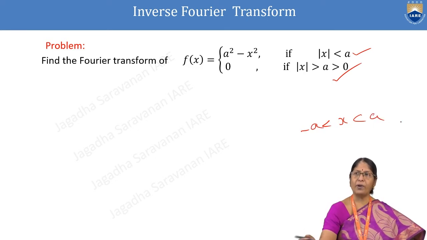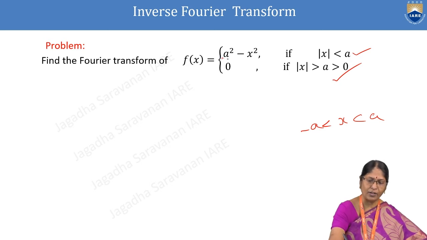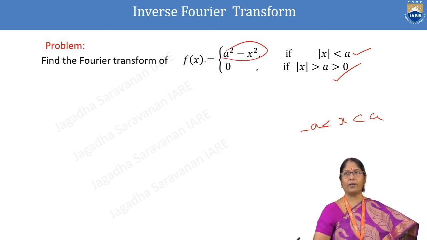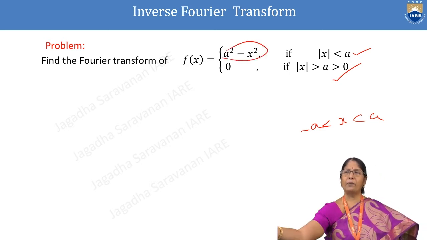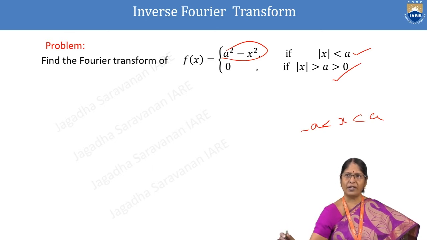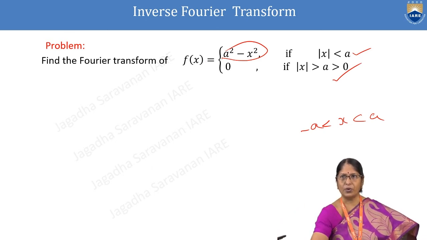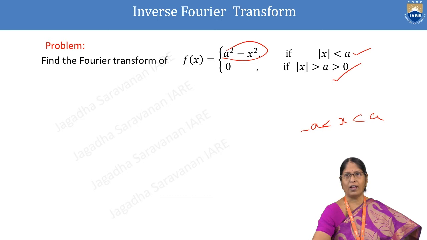If it lies between minus a and a, the function is a square minus x square. Remaining everything, whatever it is, the function is 0. What are they asking us to find? The Fourier transform.